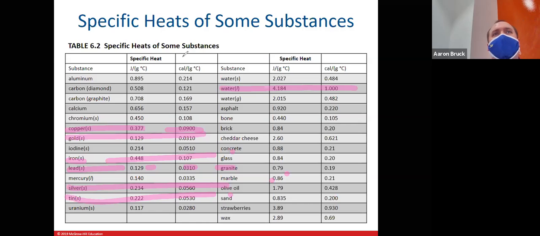Because the frying pan also will ditch that energy much more quickly than the water will, because it's got to ditch less energy to get cool. Whereas the water, specific heat works both ways. To go down a degree Celsius, that gram of water's got to ditch 4 joules, whereas that gram of copper only has to ditch 0.37 joules.